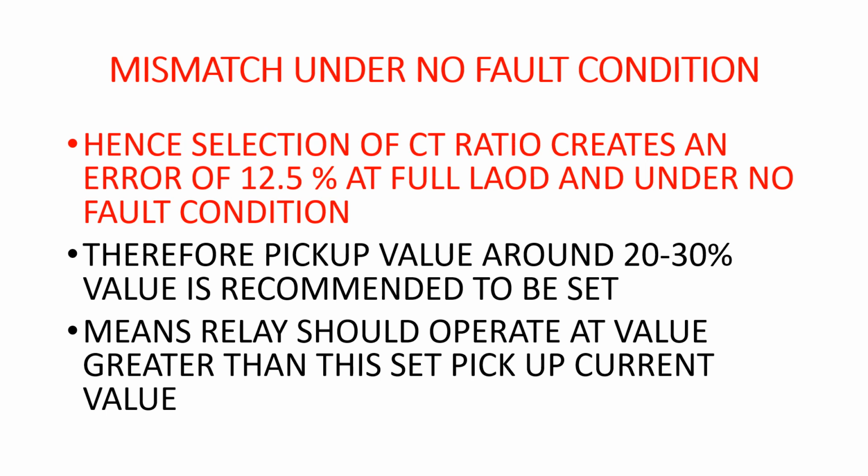So this is the result, and this is the reason that we have a pickup value, and I had shown you through the graph also in other videos that the basic pickup value is set to account for the CT ratio mismatch, error due to saturation, and error due to the tap change. And this value is around 20 to 30%.